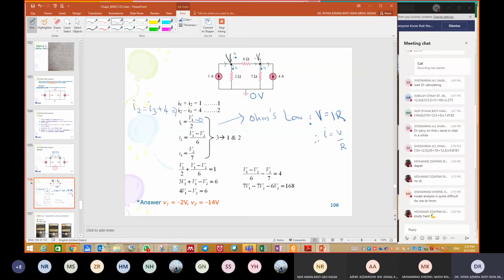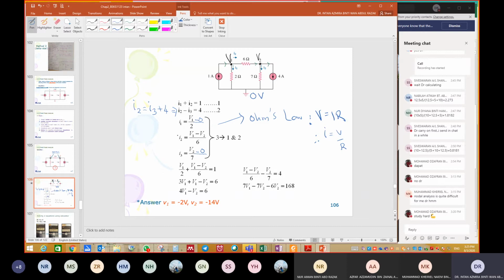Divided with 2. I2 is equal to V1 minus V2 divided with 6. And then we have I3. I3 is equal to V2 minus 0 divided with 7, or you may just write V2 divided with 7. This is the original equation, V2 minus 0 divided with 7.